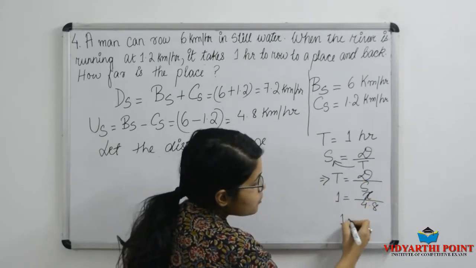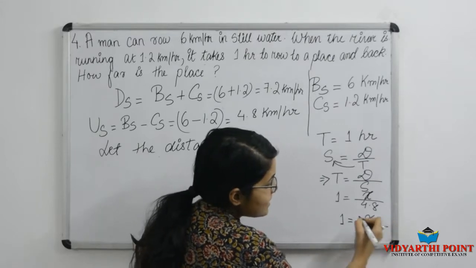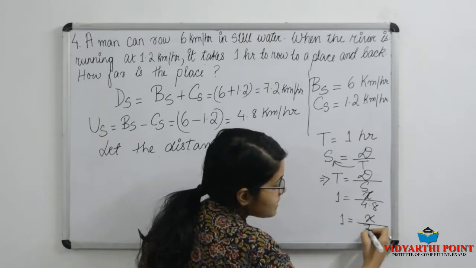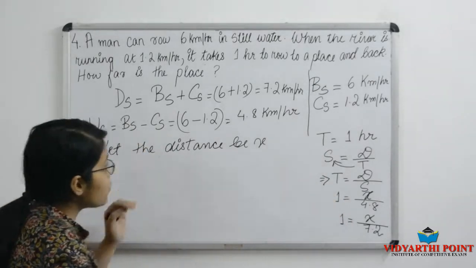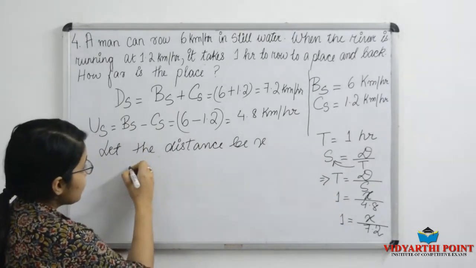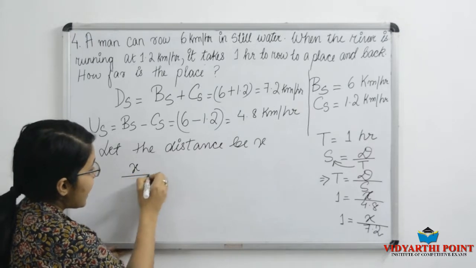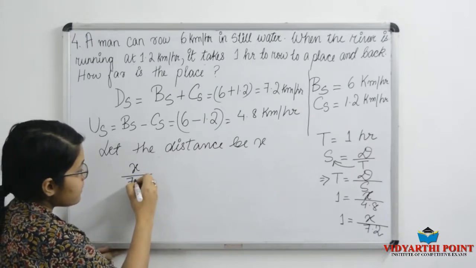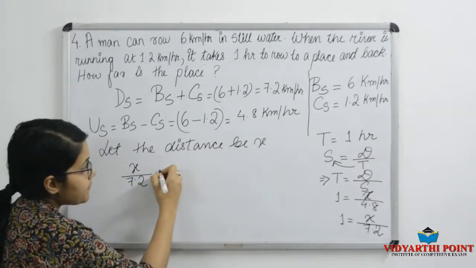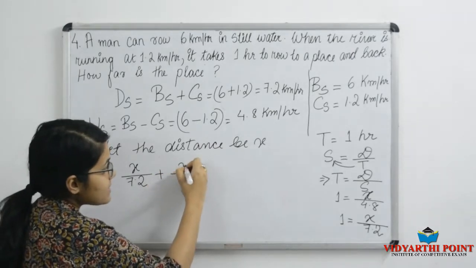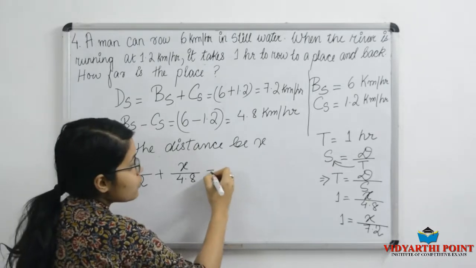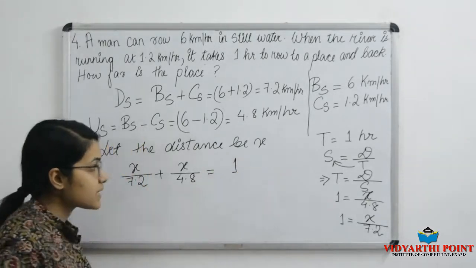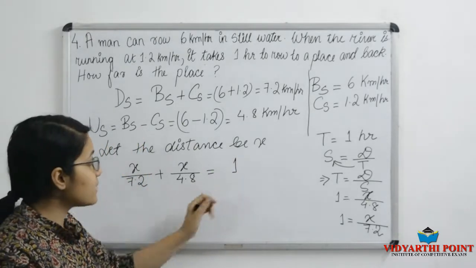Similarly, the time is 1 hour, distance is x, downstream speed is 7.2. These values we have to put here. Distance by downstream speed plus distance by upstream speed equals 1.